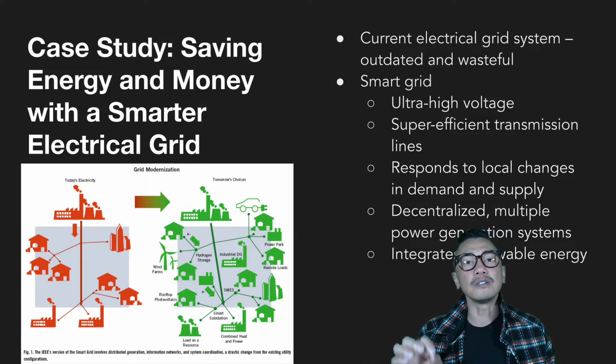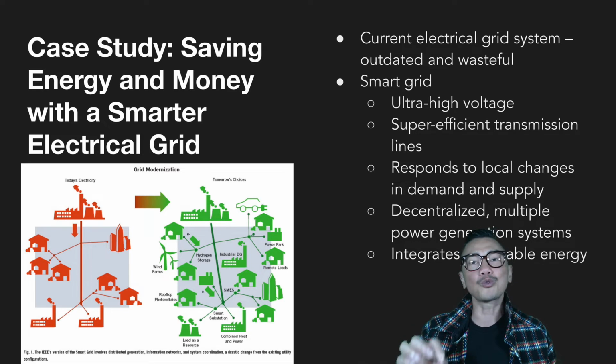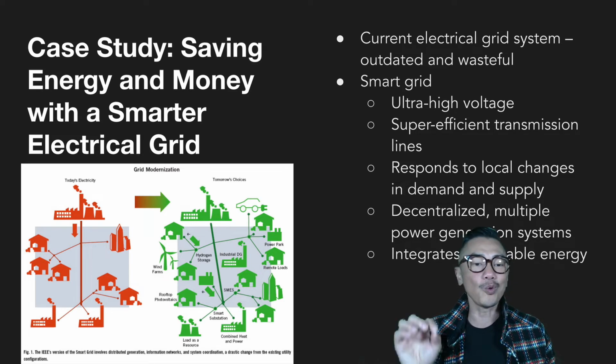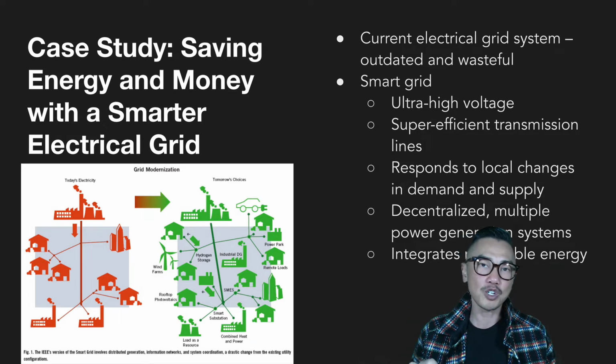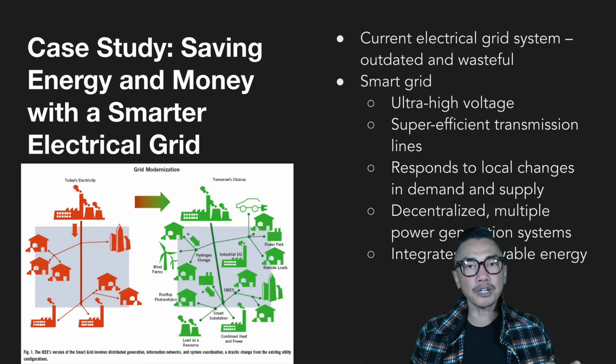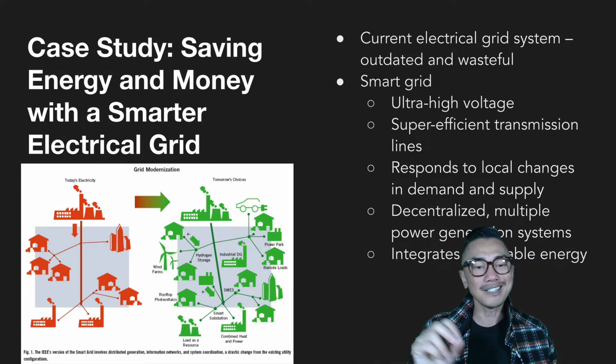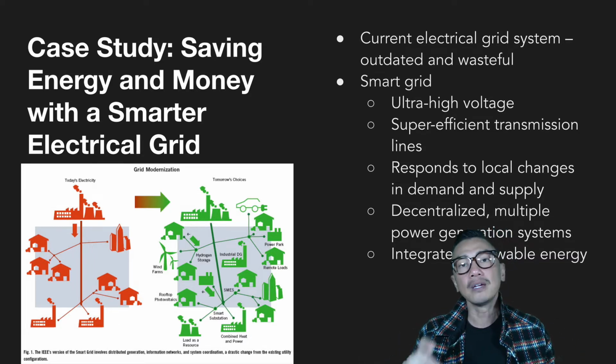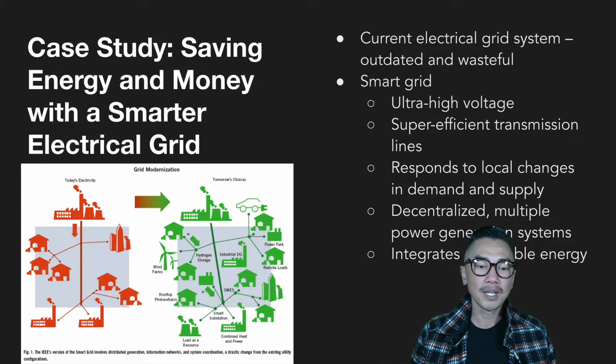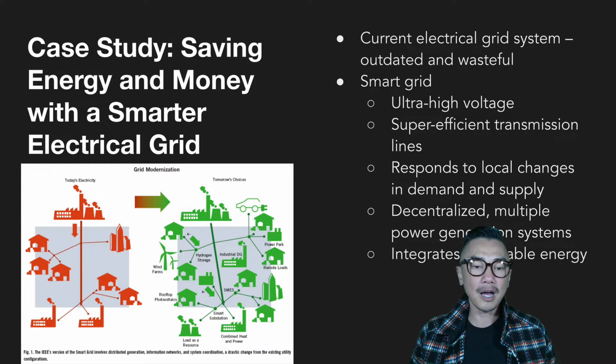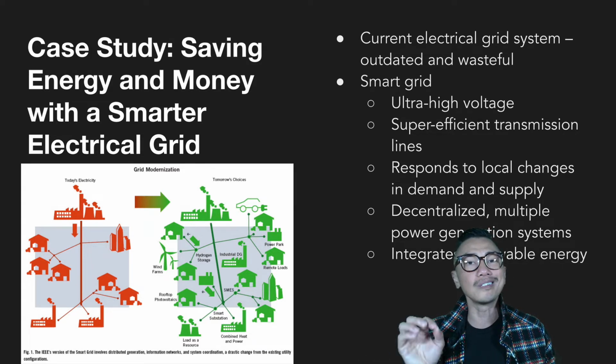Smart grids use digitally controlled, ultra-high voltage systems with super efficient transmission lines. Energy production could be increased, decreased, or shifted in response to local changes in supply and demand. Smart grids use decentralized, multiple power generation systems that are less prone to disruption.